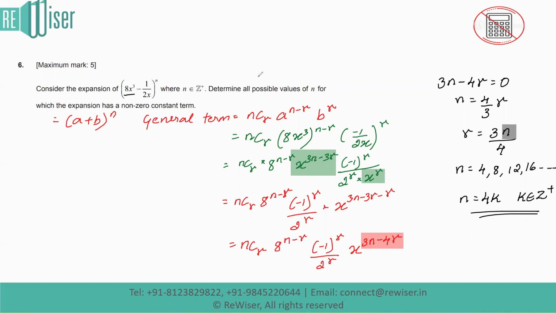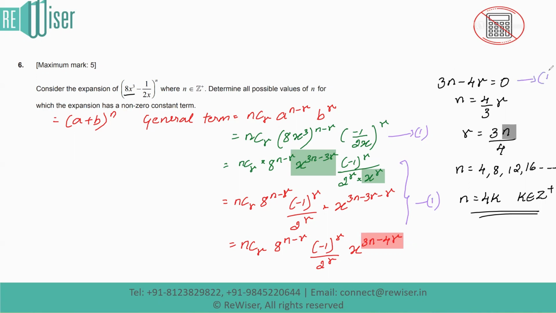This overall carries 5 marks. The first mark is for writing the general term. The second mark is for recognizing all these simplifications. The third mark is for recognizing that we will get a constant term when we equate this to 0.